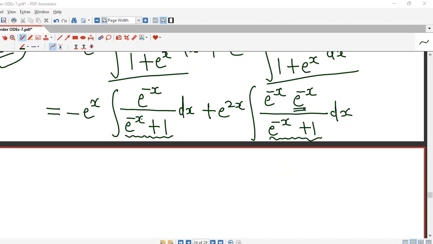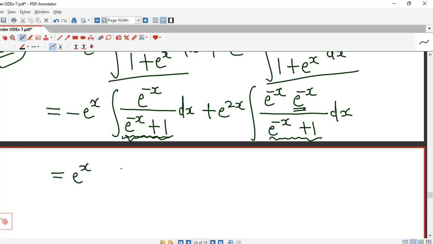Now if you observe this quantity e raised to minus x plus 1, then its derivative can be set in the numerator. So here the derivative of e raised to minus x plus 1 is minus e raised to minus x, that we can set by taking this negative sign inside the integral.